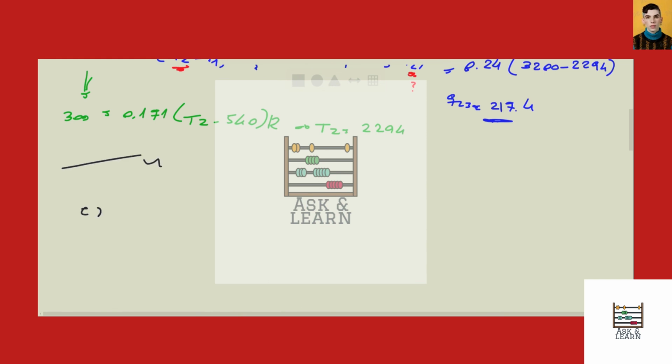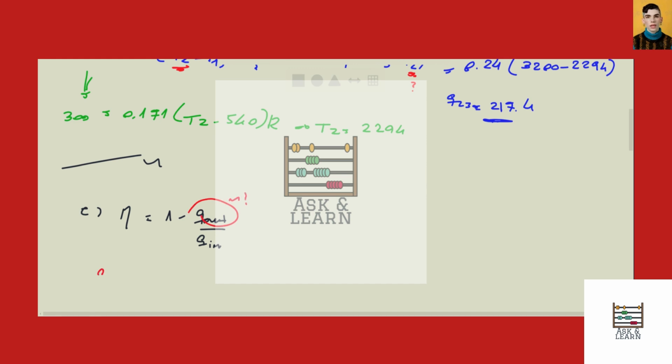Okay, the last thing is to find the efficiency. So the efficiency of this cycle is just 1 minus Q out divided by Q in. Well, who is Q out?